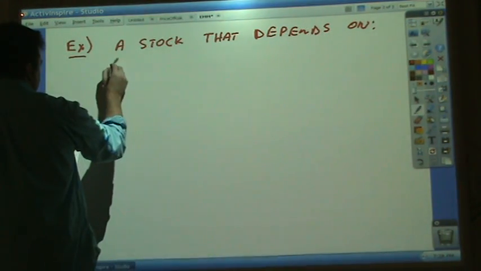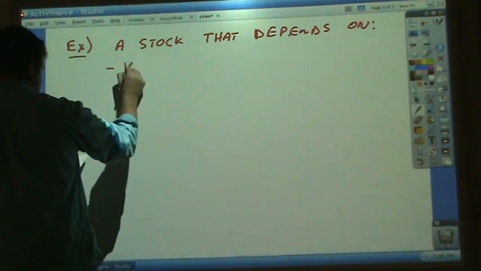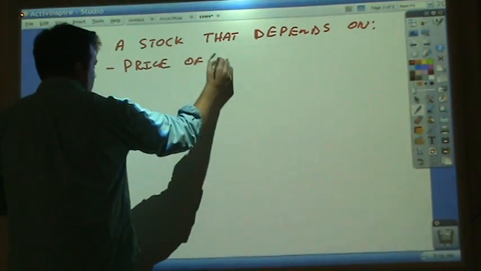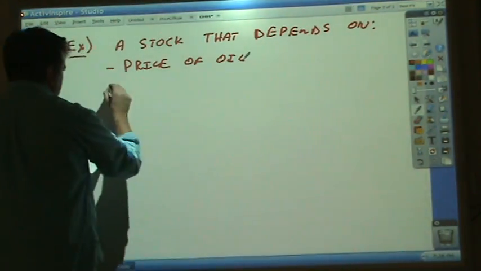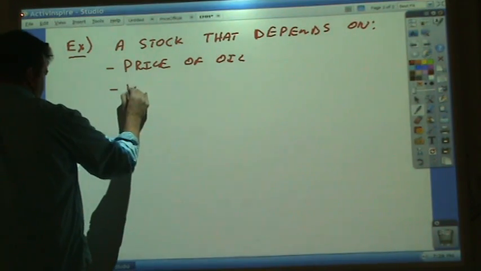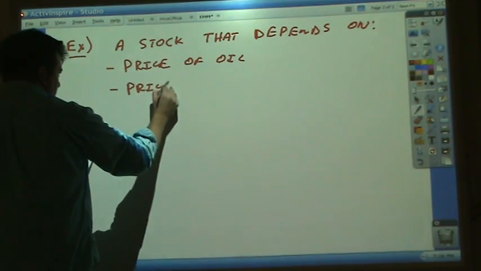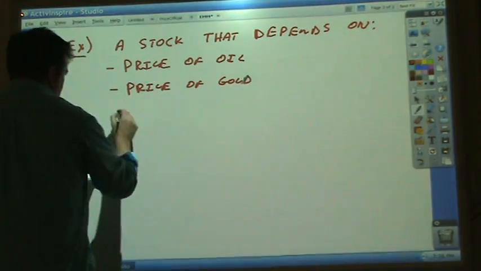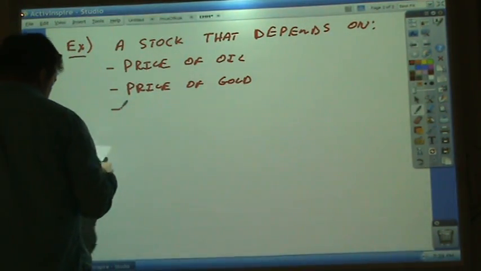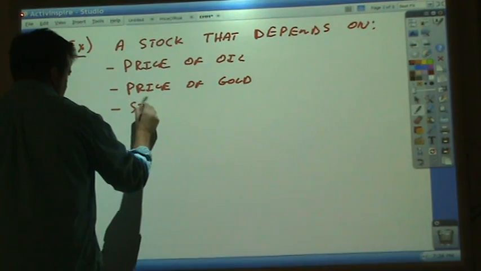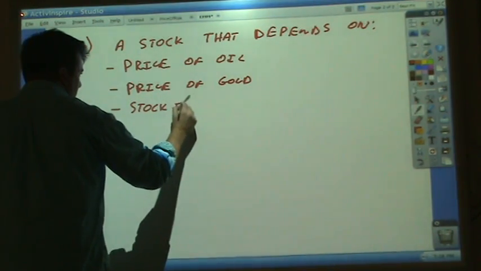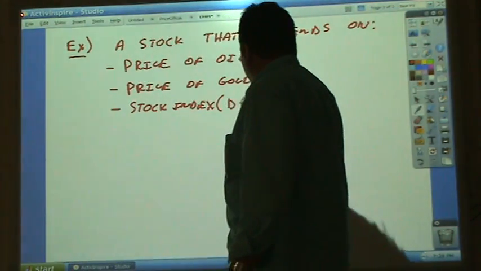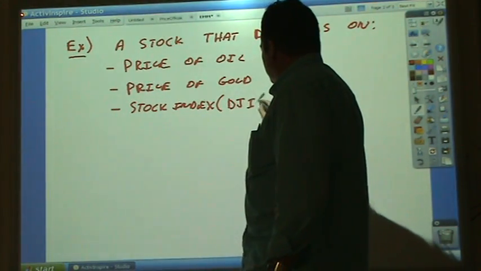Let's say it depends on the price of oil, it depends on the price of gold, and let's say it also depends on a stock index, like the Dow Jones Industrial Average.